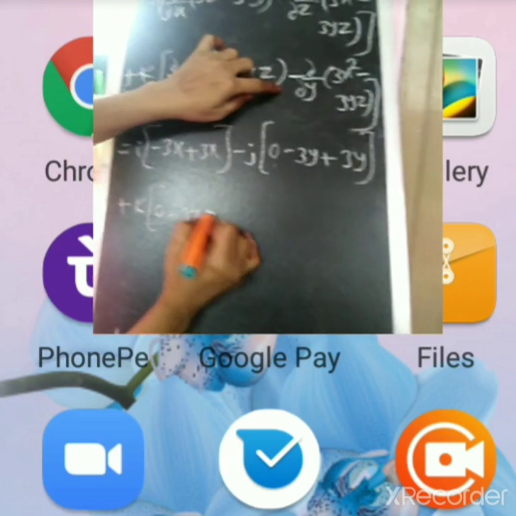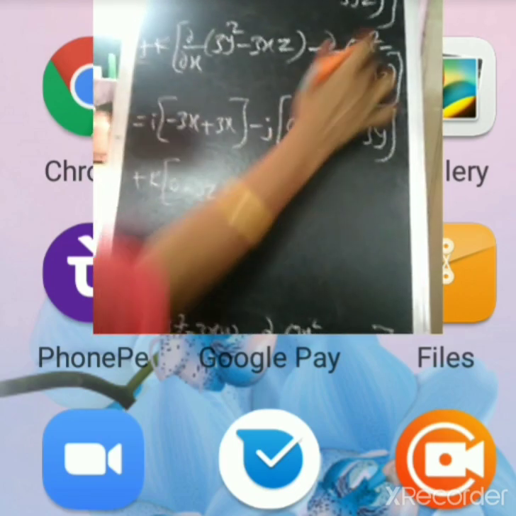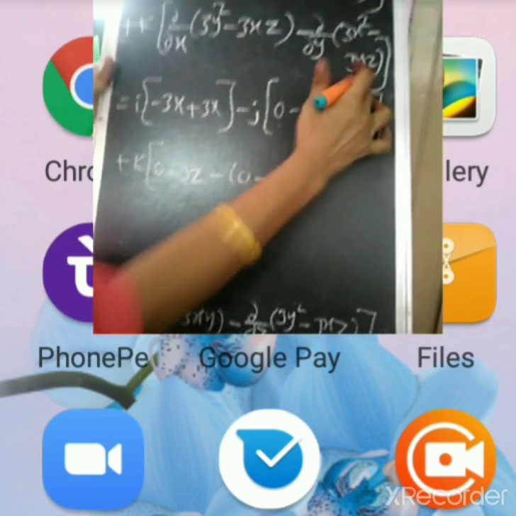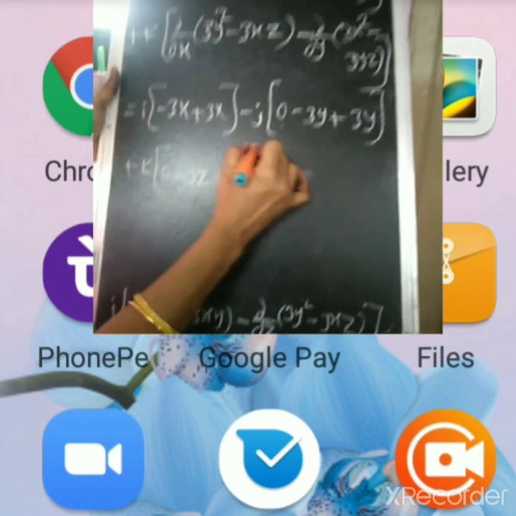Plus k into, with respect to x this value is 0 minus 3z, minus with respect to y this value is 0 and minus 3z. So minus into minus is plus, so plus 3z.